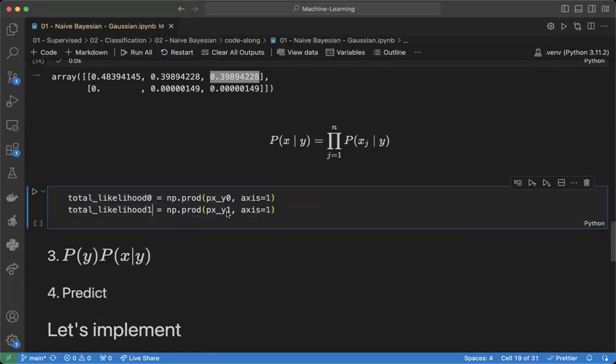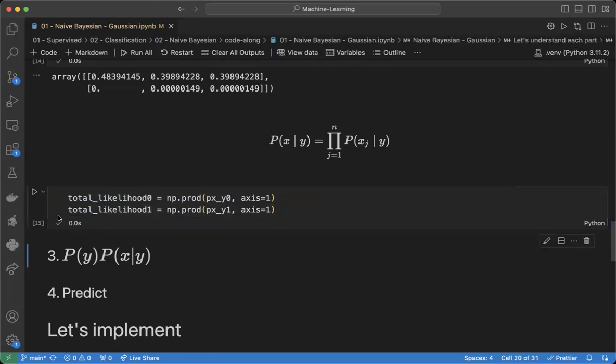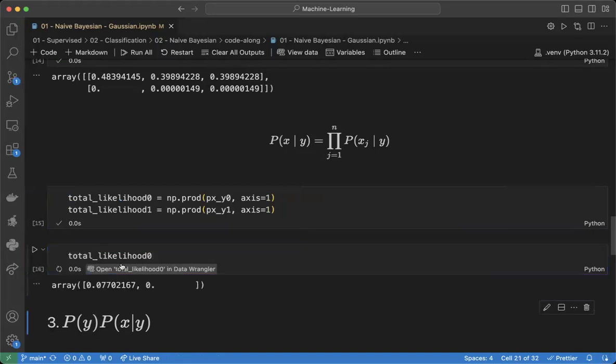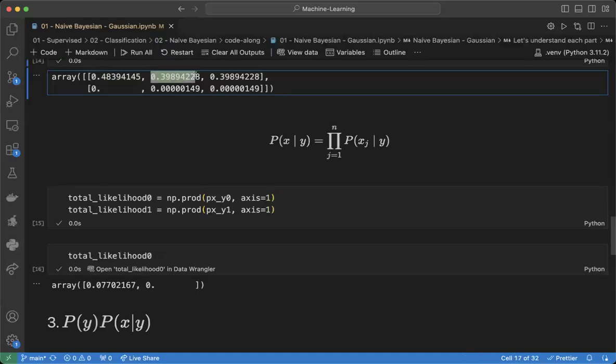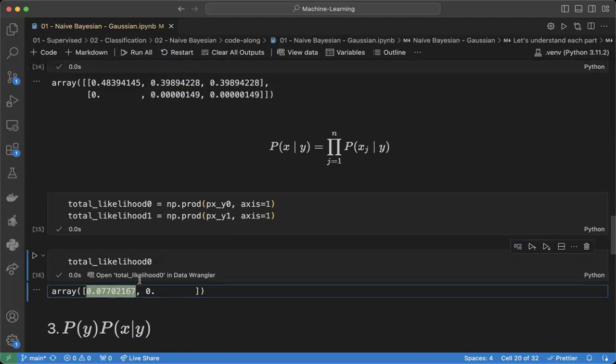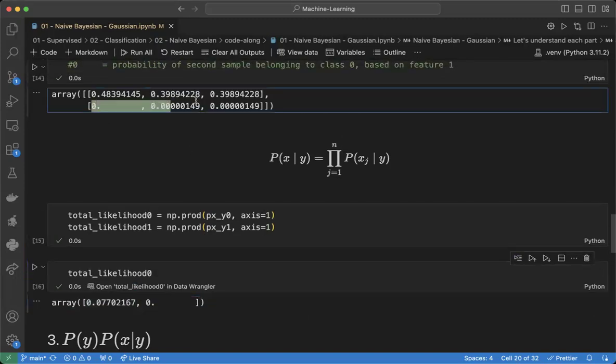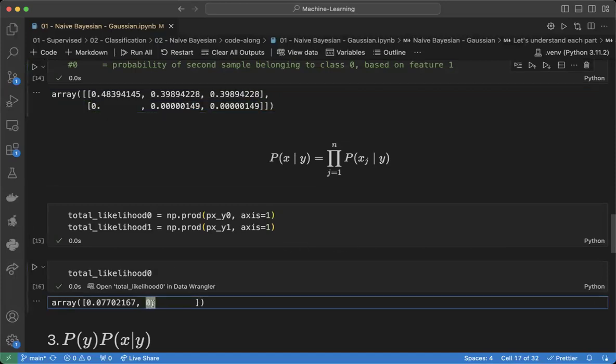All right, and let us print them out. So now we got the probability. Once we take this, multiply this with this, we get this number, that sample 1 belonging to class 0 is this. And when you multiply these three numbers together, you got this, right?